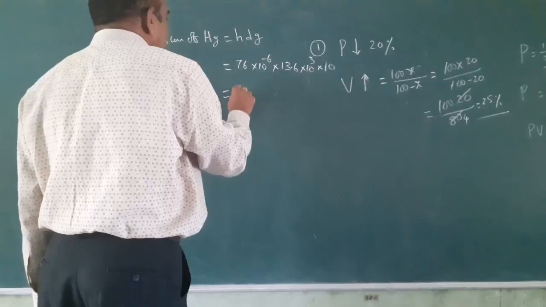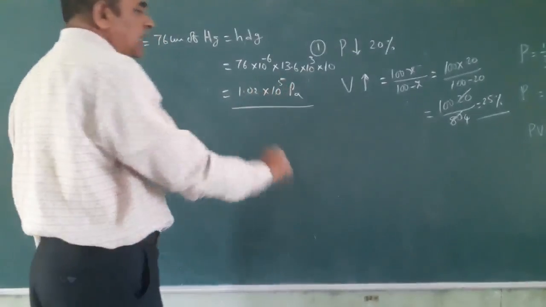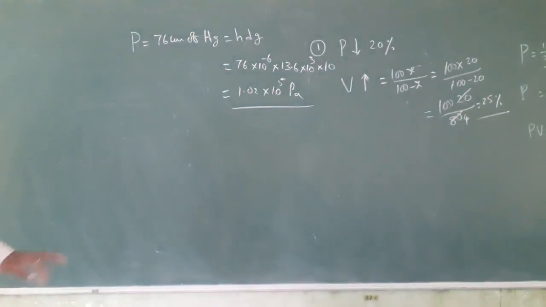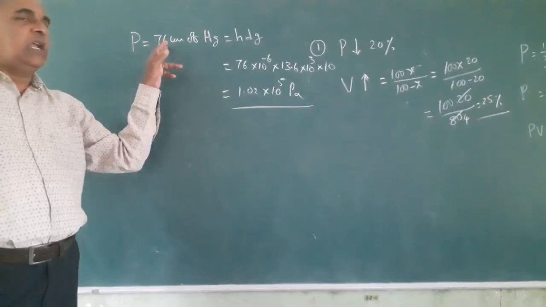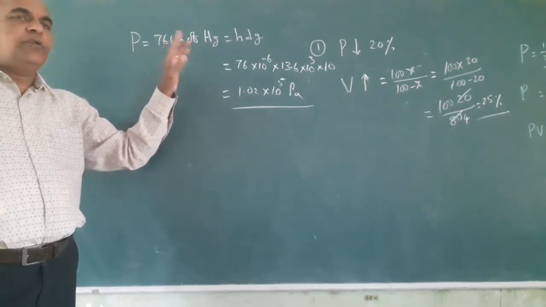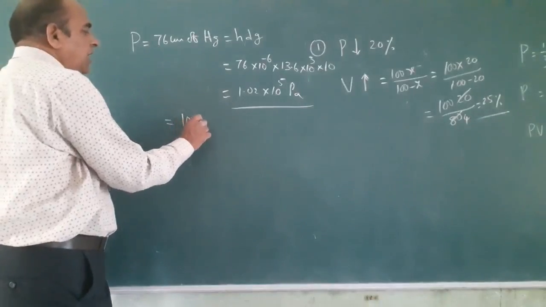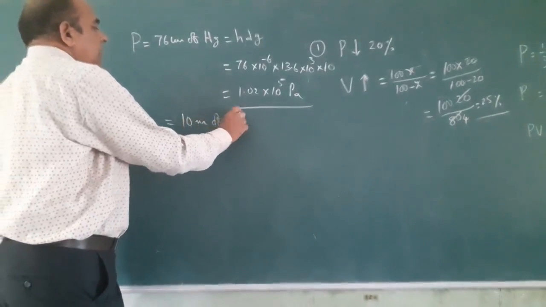So approximately 1.02 into 10 to the power 5 Pascal. In a barometer, if you use mercury, we get a height of 76 centimeters. If mercury is replaced by water, the height is 10 meters of water. Atmospheric pressure is equal to 10 meters of water.